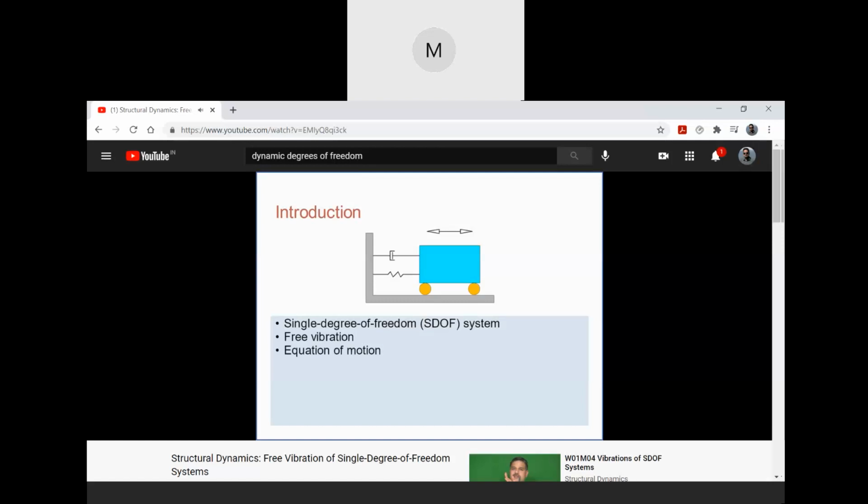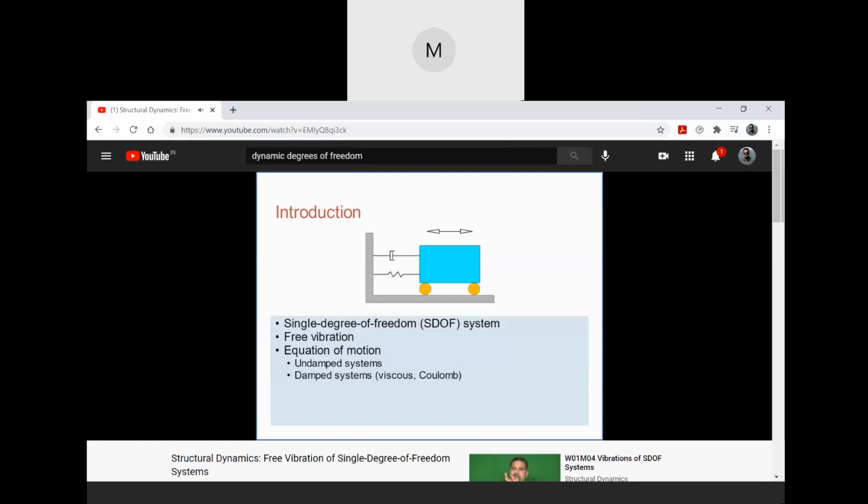Through the use of this simplified single degree of freedom system, we are going to show how the equation of motion is formed. We are going to study the free vibration of undamped systems in which no energy dissipation takes place. Subsequently, we are going to study the free vibration of damped systems in which energy is being dissipated, resulting in a decaying motion.